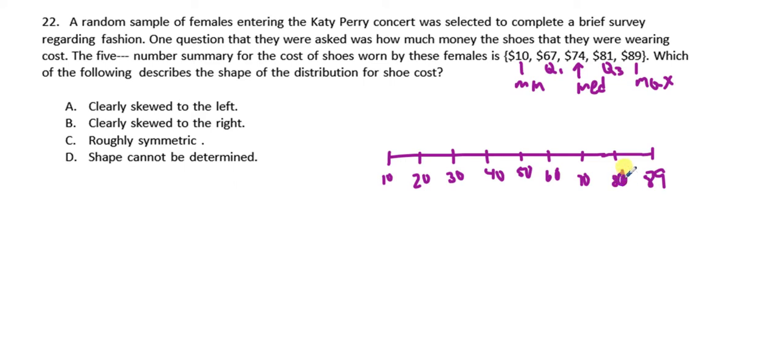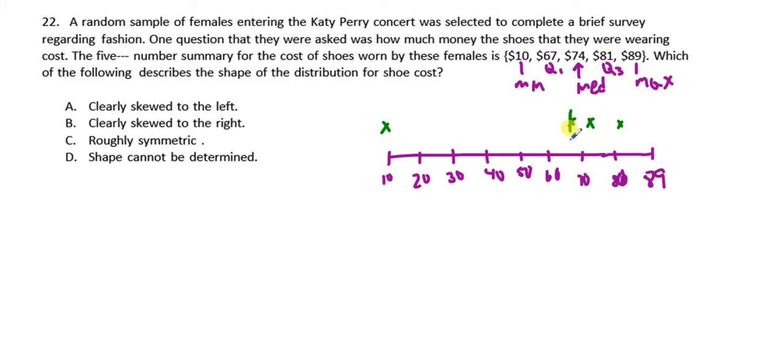That's 80. So the minimum number was 10, and a fourth are between 10 and 67. So right about here. And then 67 to 74, and 74 to 81.